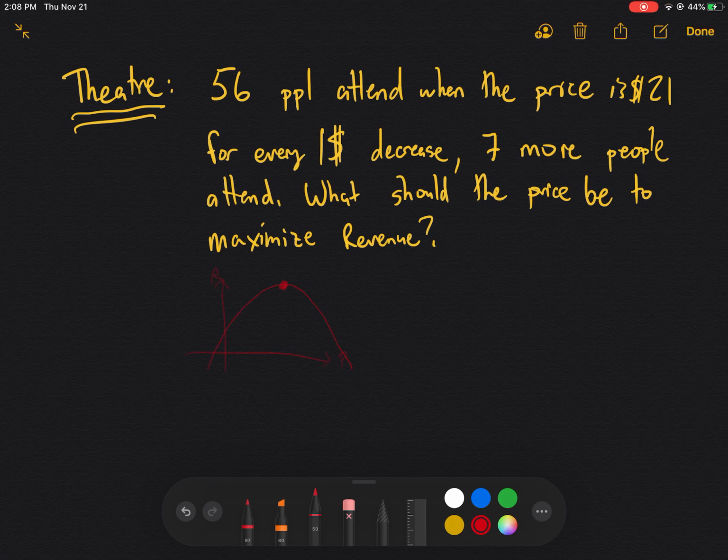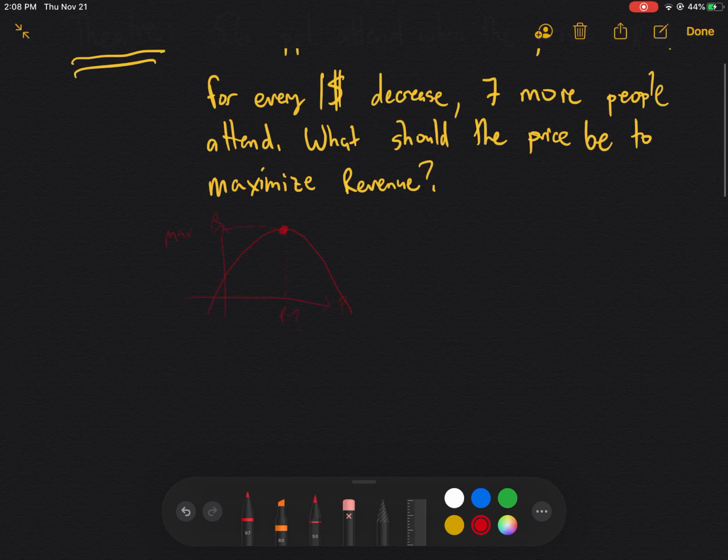It means for every dollar decrease, 7 more people will come. And then conversely, for every dollar increase, 7 less people would come. But basically, I want to know what price will bring maximum revenue. So we start with saying something like, let R represent revenue.